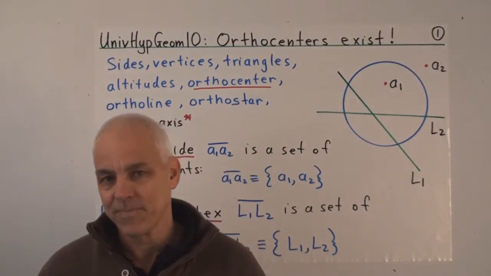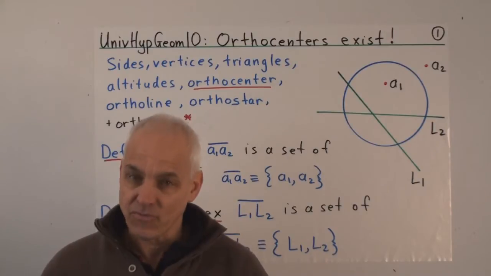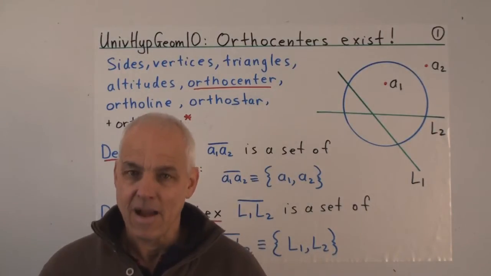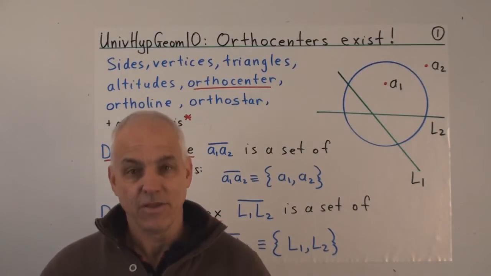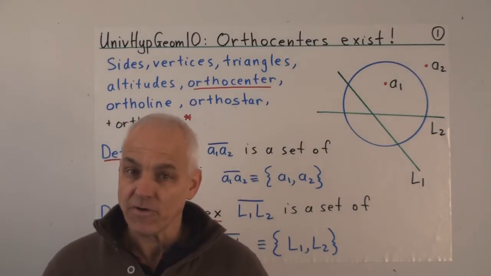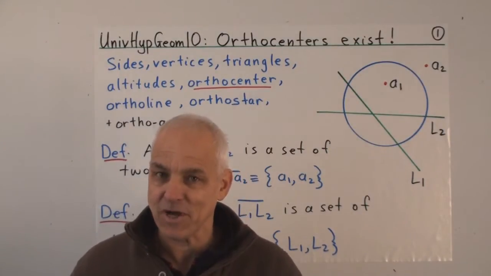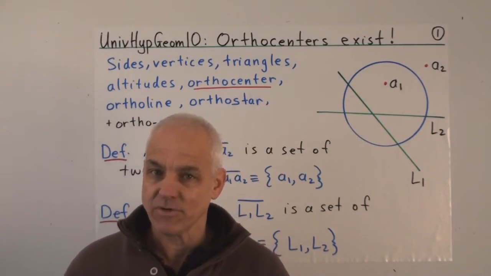I'm Norman Wildberger. Today we're going to look at the orthocenter of a triangle in hyperbolic geometry in the universal setting. This is a point of departure from this course and all the other courses that are currently taught in traditional hyperbolic geometry.